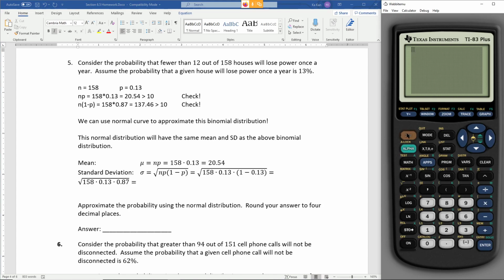The radical of 158 times 0.13 times 0.87, and I have 4.2273. I used to do 4 decimal places. So there you go. We have the standard deviation and the mean.